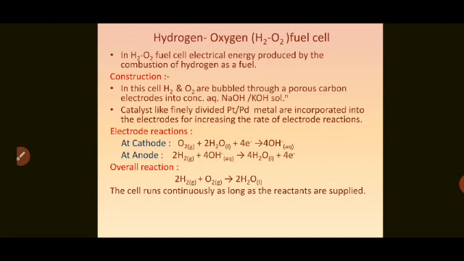Now, what are the electrode reactions here? At cathode, oxygen gas reacts with water, forming hydroxide ions, right? Then at anode, hydrogen reacts with hydroxide ions, which are from the NaOH or KOH solution, forming water.